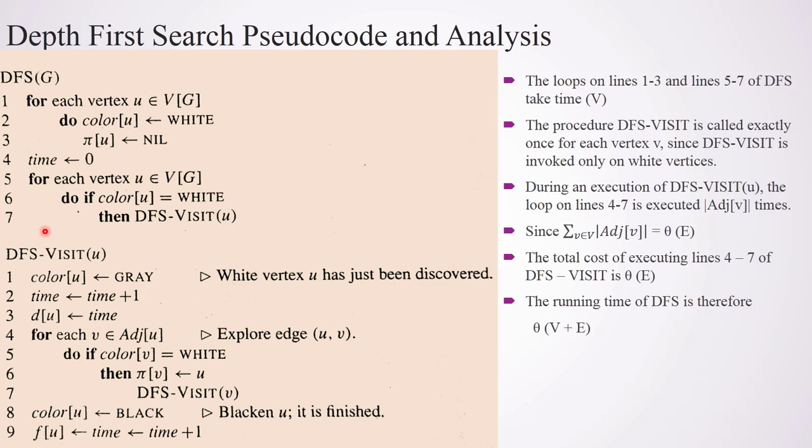When we visit a white vertex, first we change its color to gray. We increment the time and record the discovery time. Then for every vertex v adjacent to u, if the color is white, we store pi of v as u, because after u we are visiting v.